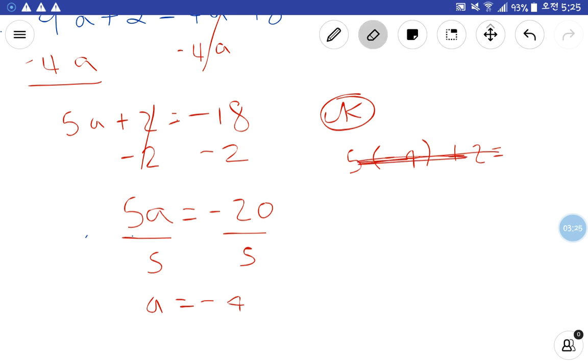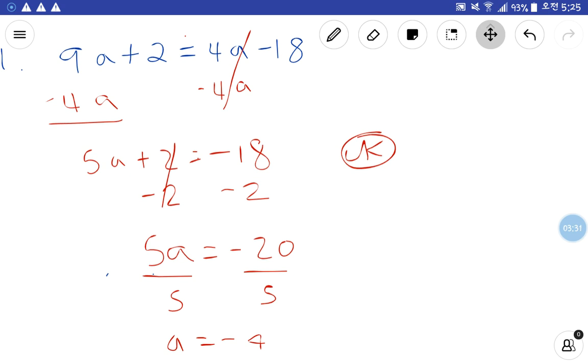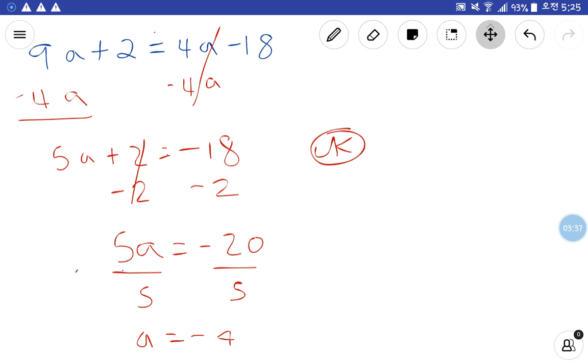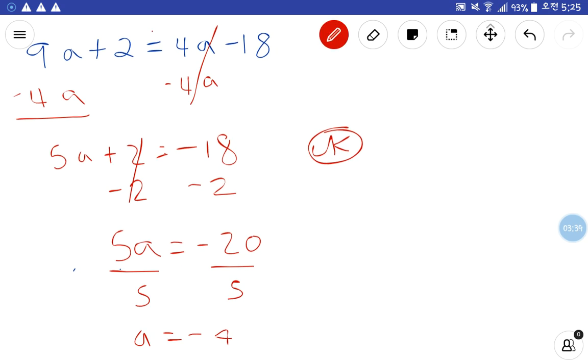What was our original equation? 9a plus 2 goes up here. 9a plus 2 equals 4a minus 18. I know that's more work, but we always use the original equation. So 9 times negative 4 plus 2 should be the same as 4 times negative 4 minus 18.